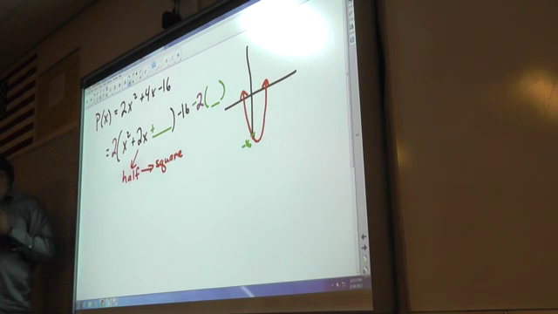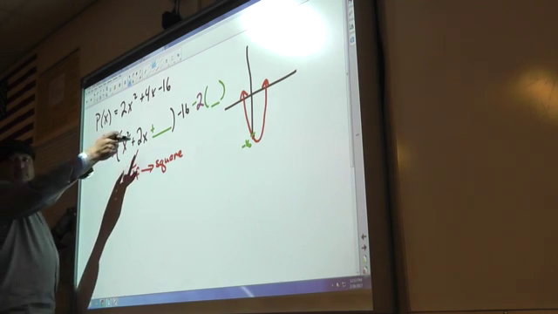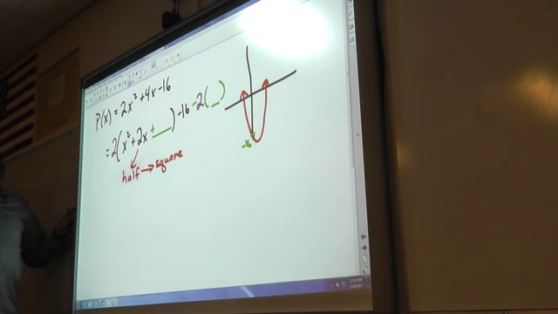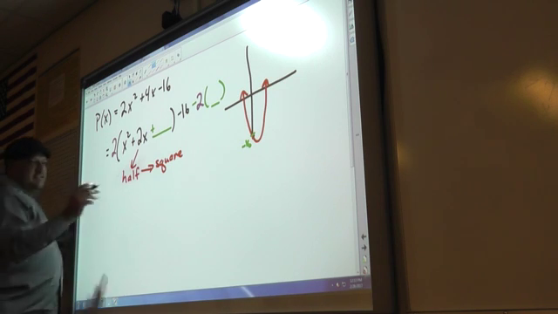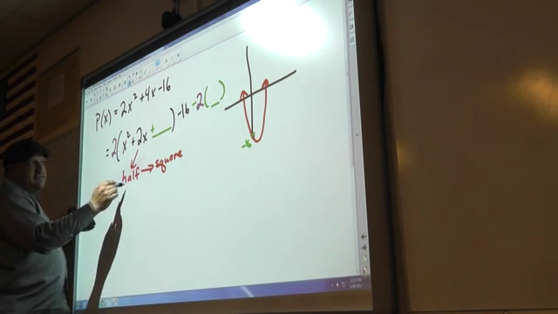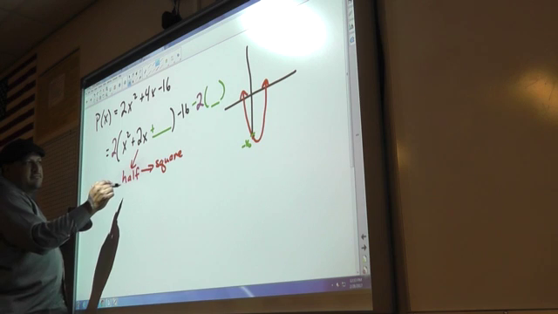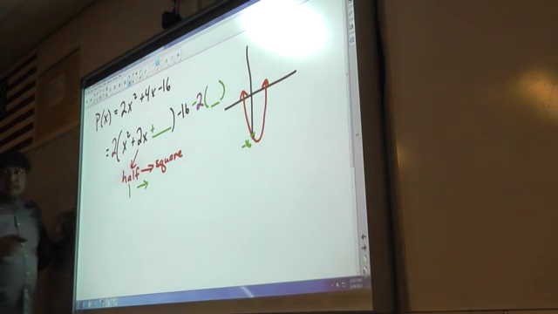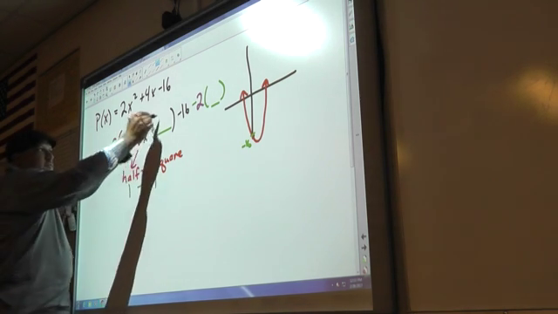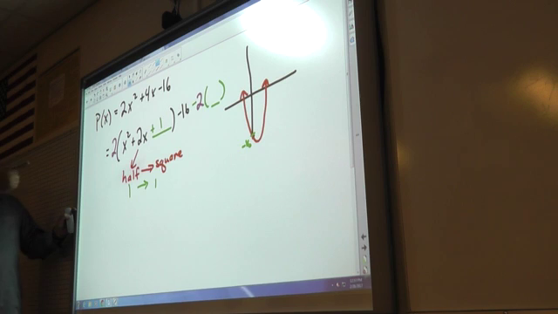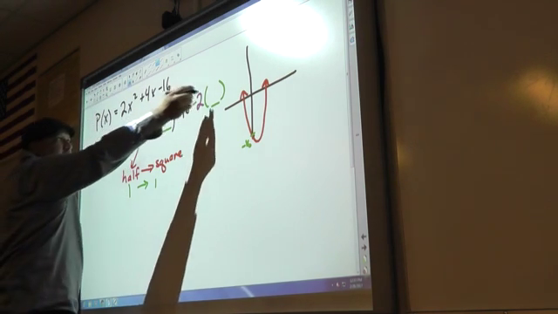Half squared. So what's half of 2? You can check on your calculator if you need to. 1. Now do this on your calculator. 1 times 1 is 1. Now whatever goes there also goes over here.